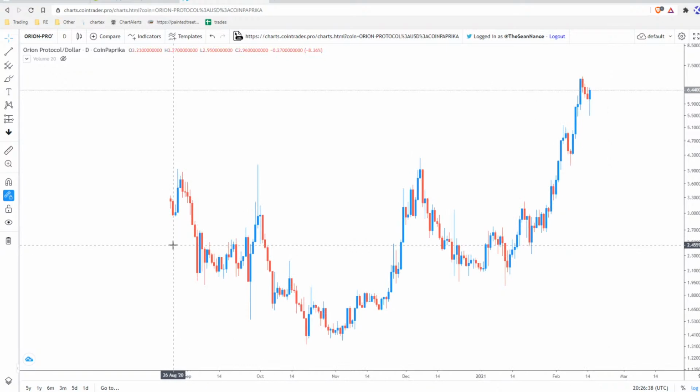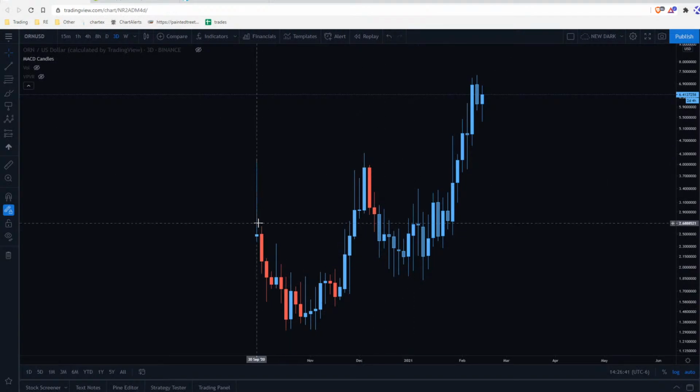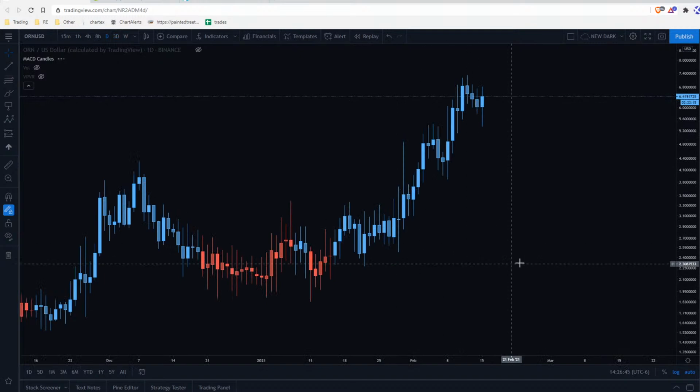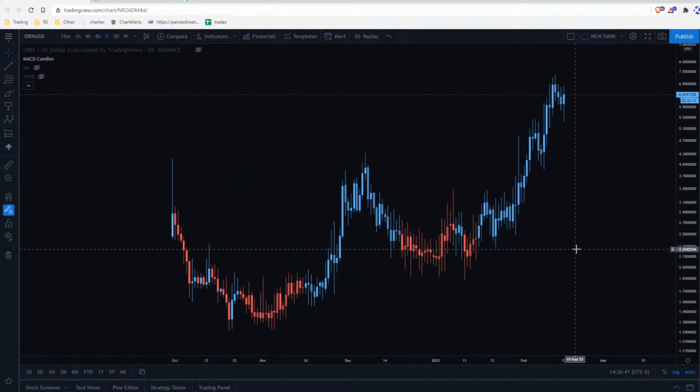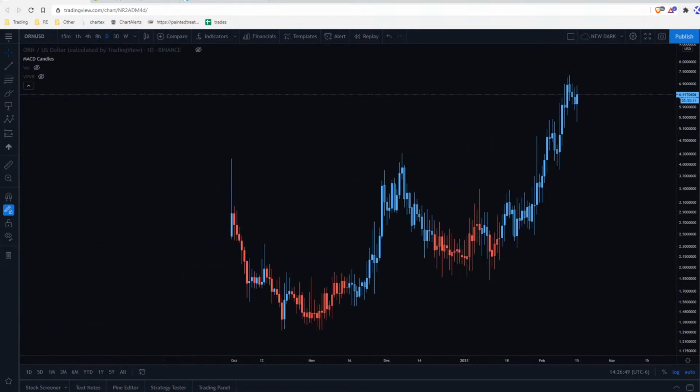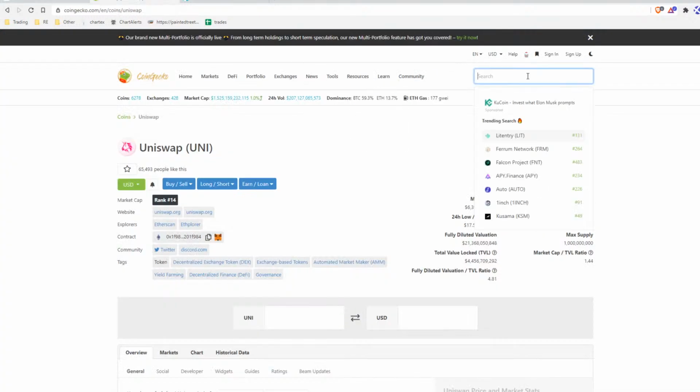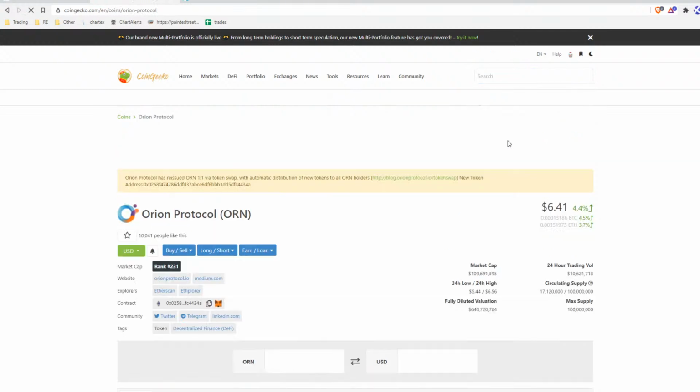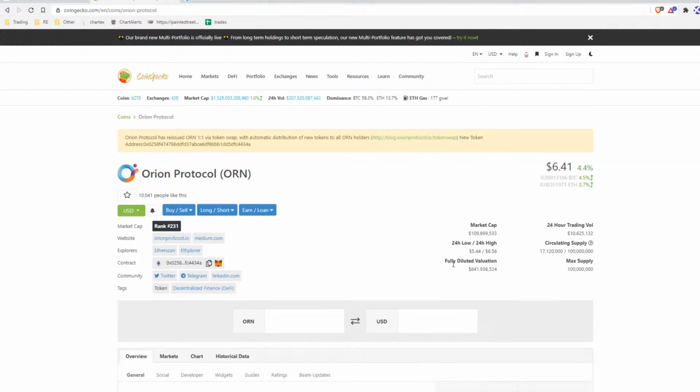Back to August of 2020. Yeah, so this is almost the entire price action of this one. $109 million market cap. Send it to $1 billion.